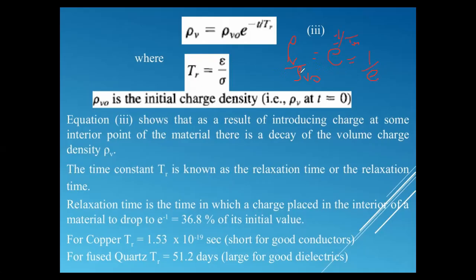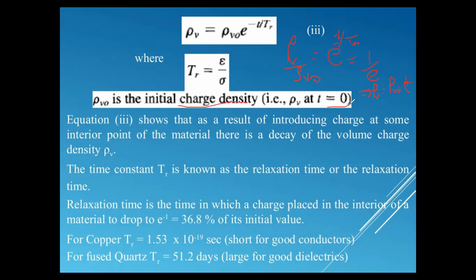Then I can write rho v, that is the volume charge density, is equal to rho v naught by e, or rho v naught times 1 by e. This rho v naught is the initial charge density at t equal to 0.